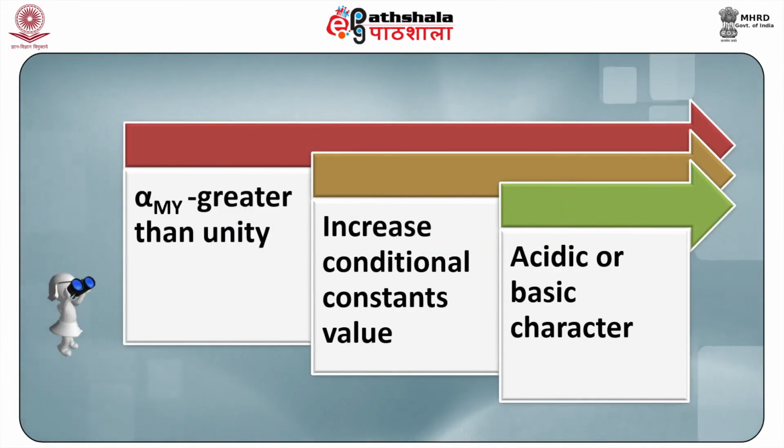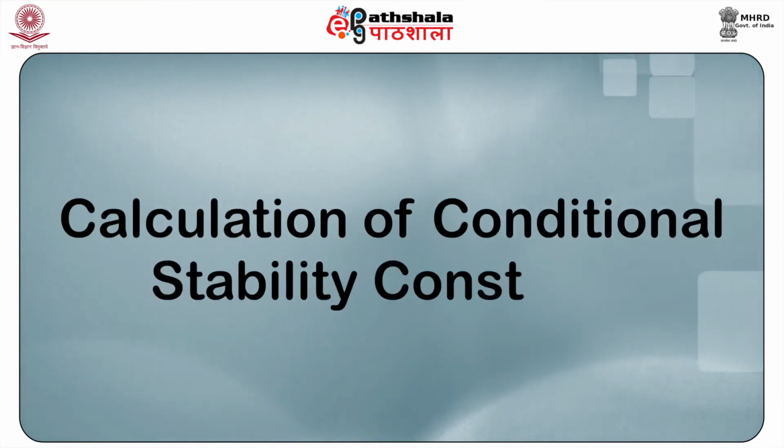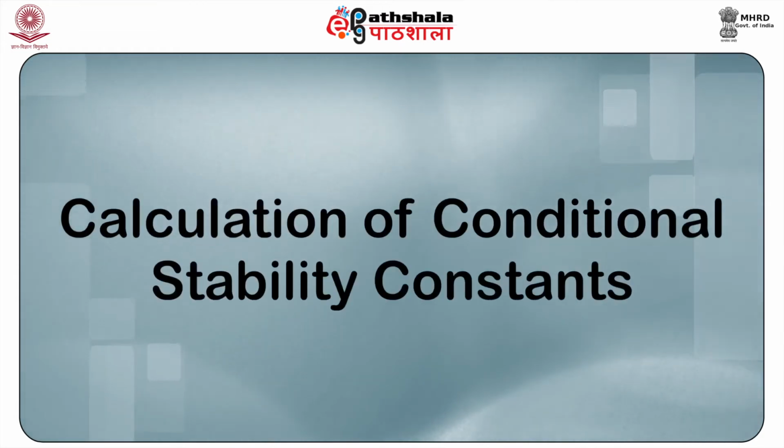On the other hand, alpha MY, which is greater than unity, tends to increase the stability conditional constants value if the complex shows an acidic or basic character. Now, let us study about the calculation of conditional stability constants.